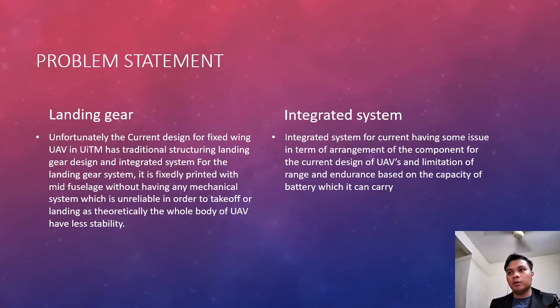The problem statement, as I mentioned before: the current design for the fixed-wing UAV in Flight Technology Test Center UiTM has a traditional structure of landing gear design and integrated system.